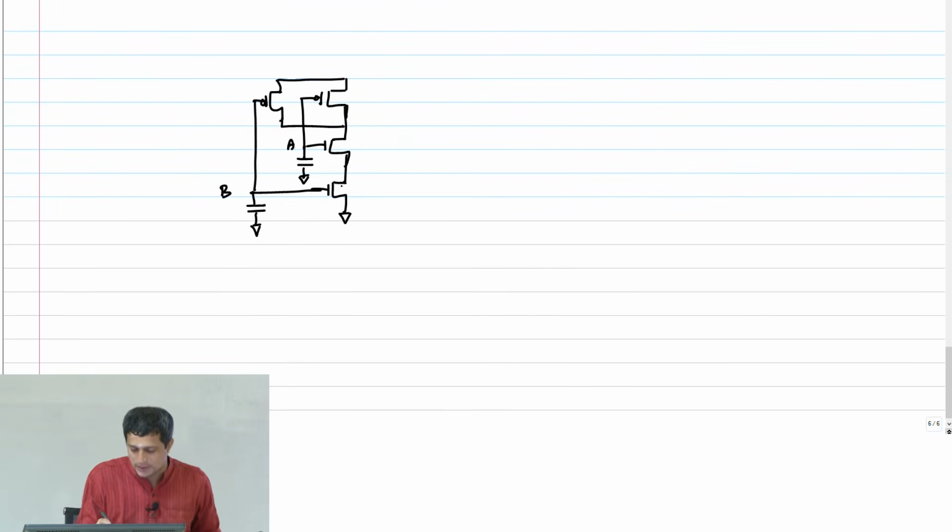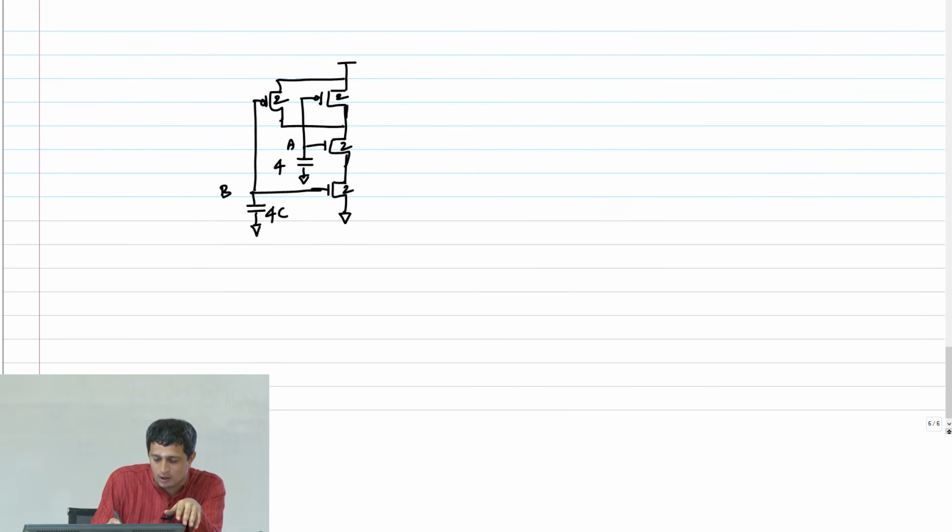How much is the net capacitance on the A and B gate? On each input, what's the total capacitance? 4C. Each transistor gave me 2C because the widths are 2 each. Net capacitance is 4C.